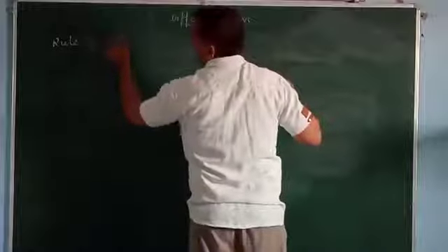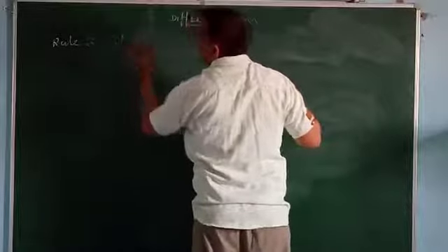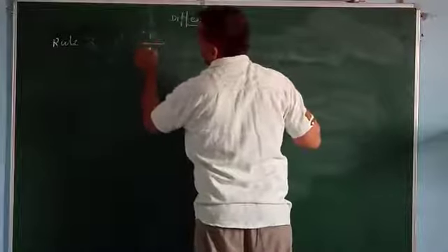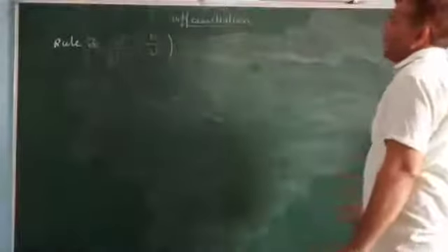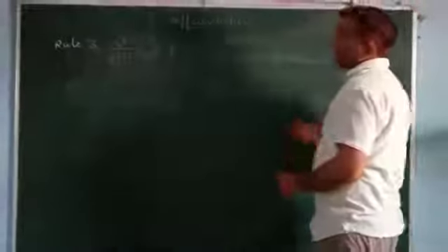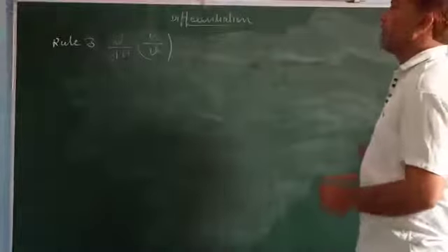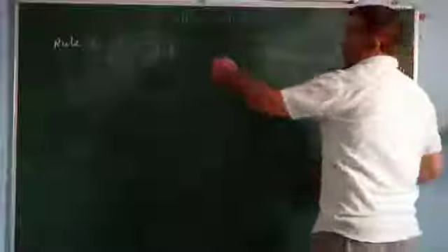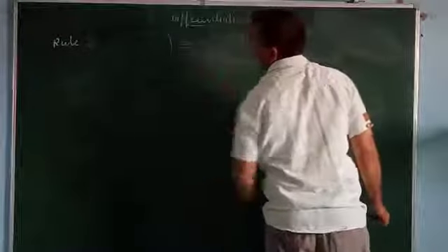When dy dx of u upon v, when you get an equation in the form of u upon v, then you will find the derivative of that function using the quotient rule. Let us learn what is the quotient rule.